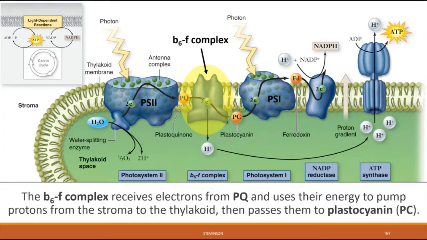This should be familiar as well because in cellular respiration, we saw that the electrons, as they bounce through this electron transport chain, their energy was used to pump protons from one side of the membrane to the other. After that pumping action is complete, then the electrons are passed to another electron shuttle called plastocyanin. Plastocyanin will transfer the electrons from the B6F complex over to the next photosystem, which is photosystem 1.